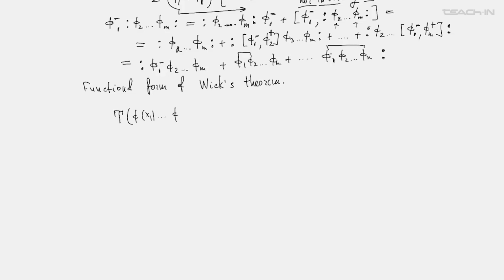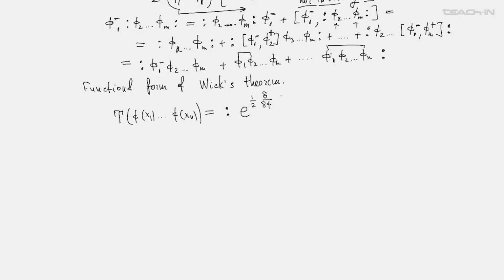It's a normal ordered product of what? Of the following operator, 1 over 2 delta phi. I will explain what this is. Propagator delta phi.